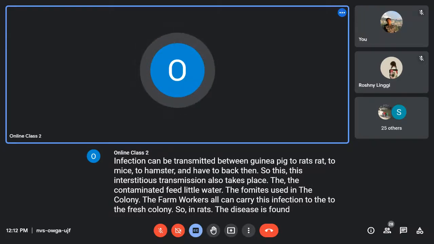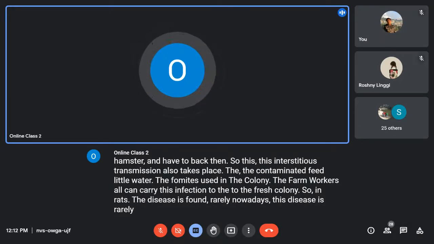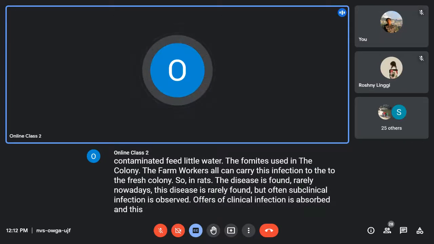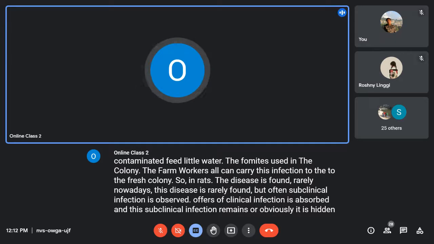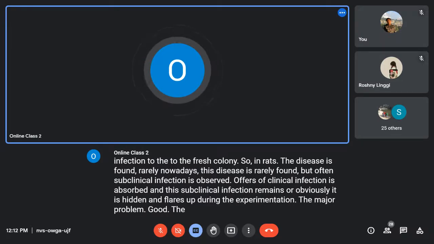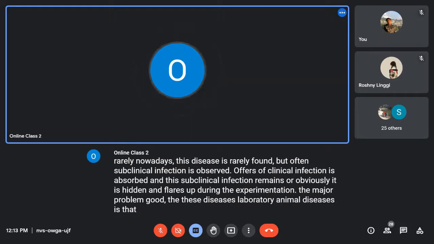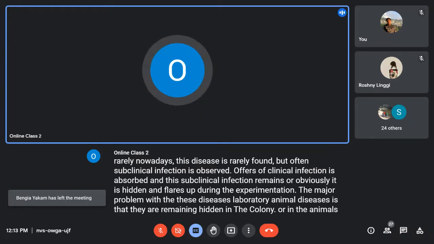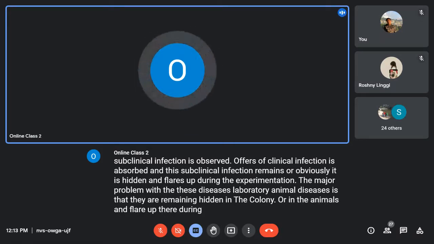So in rats, the disease is found rarely. Nowadays, this disease is rarely found, but often subclinical infection is observed. And this subclinical infection remains, obviously it is hidden and flares up during the experimentation. The major problem with these laboratory animal diseases is that they are hidden in the colony, or in animals and flare up during the experimentation.